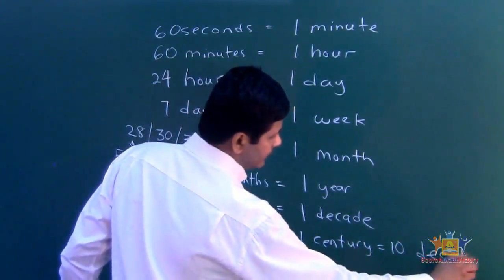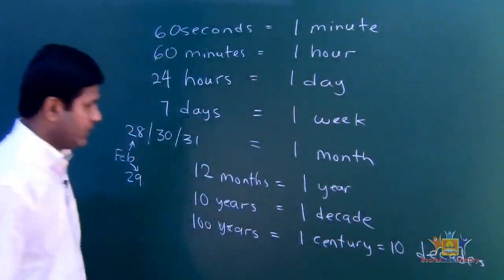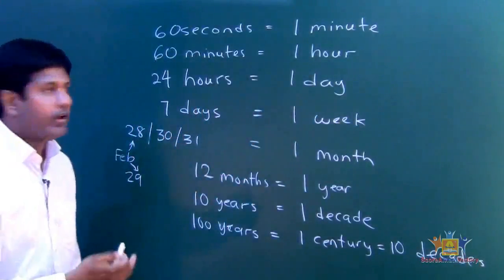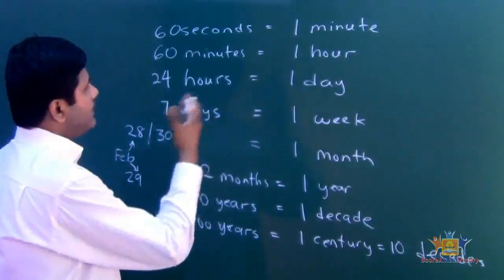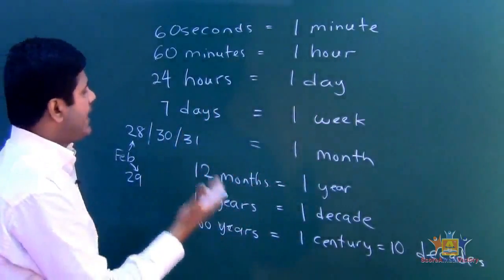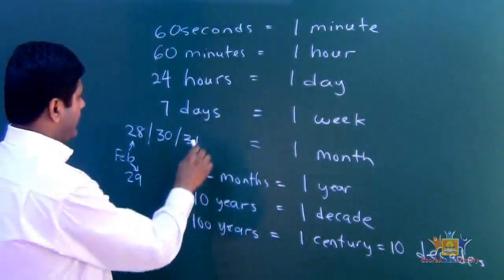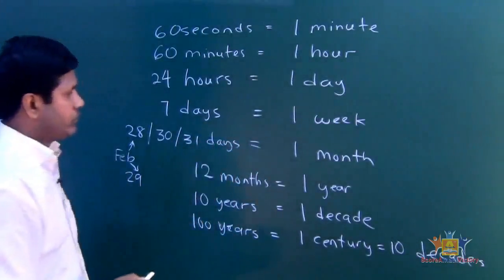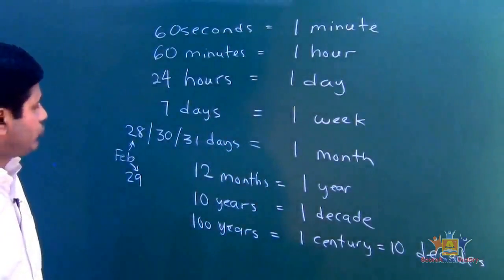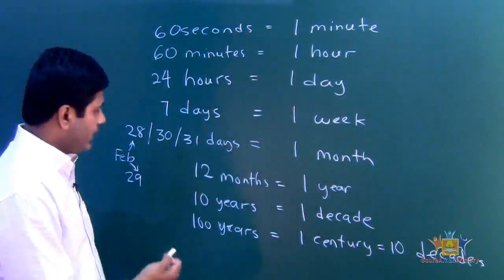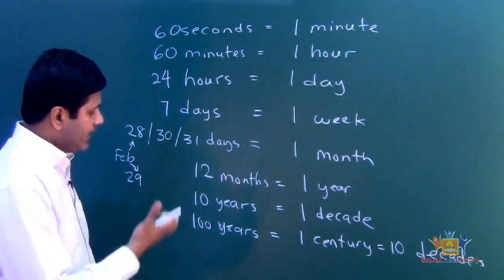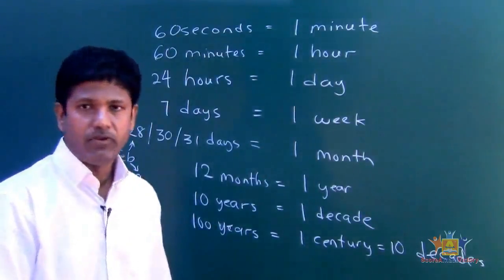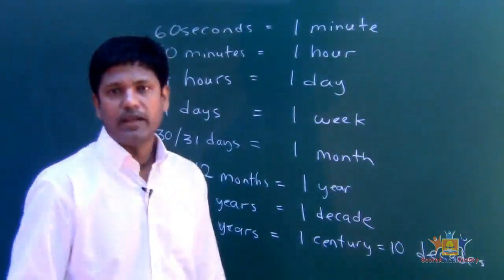So keep in mind, make sure you know this: the relationship between seconds and minute, minute and hour, hour and day, day and week, and then of course 31 days or 30 days equals 1 month, and then 12 months equals 1 year, and then 10 years equals 1 decade, and 100 years equals 1 century, or 10 decades equals 1 century.